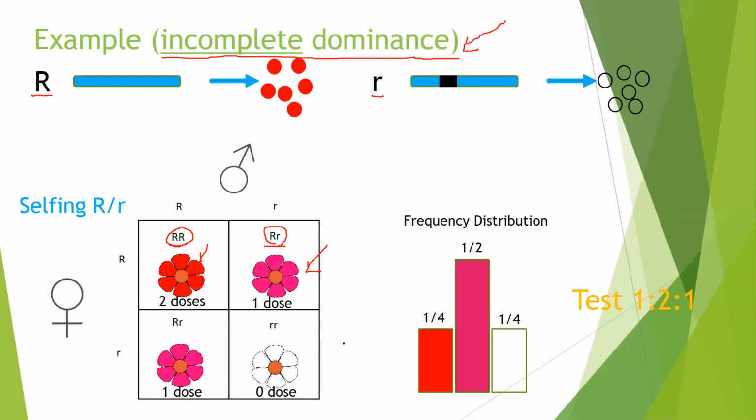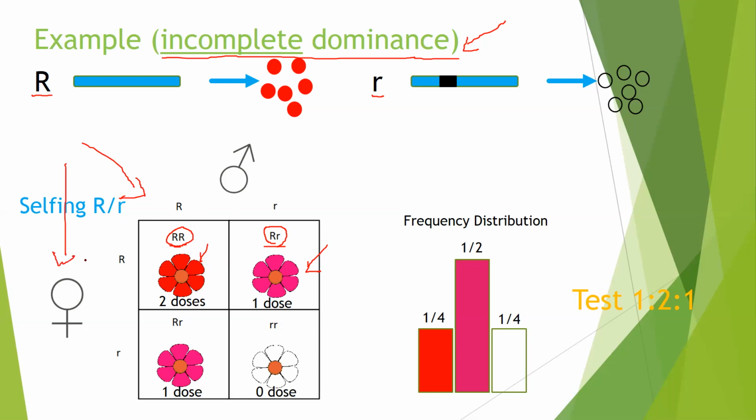Now, in this case, we can use a Punnett square to help us study the cross between these two parents, the homozygous and heterozygous parents.